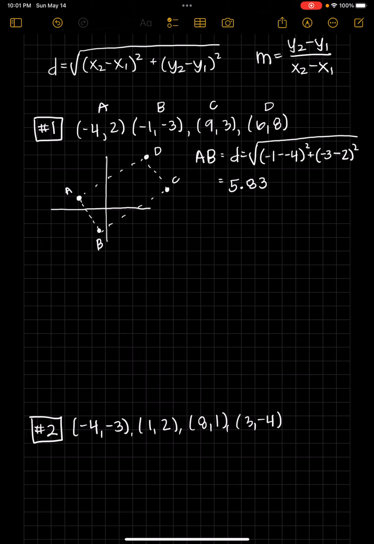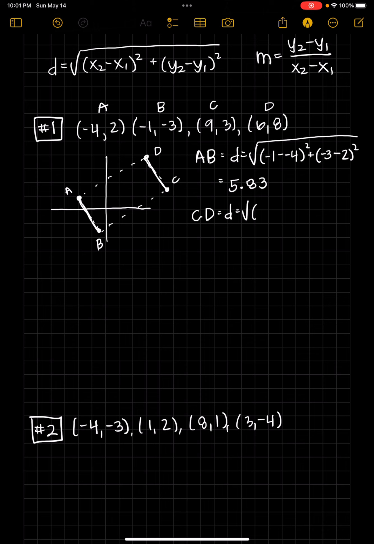Okay, now let's go from A to B, which was kind of like our short side right here. Let's do the other short side, so C to D. Again, I'm going to make D my second point, so like x2, y2.